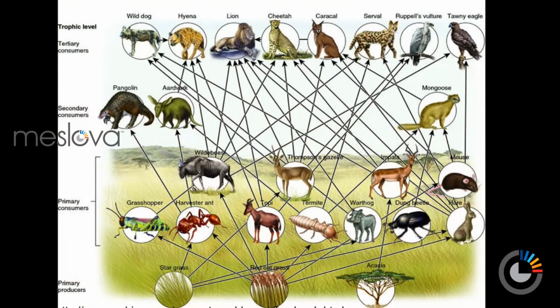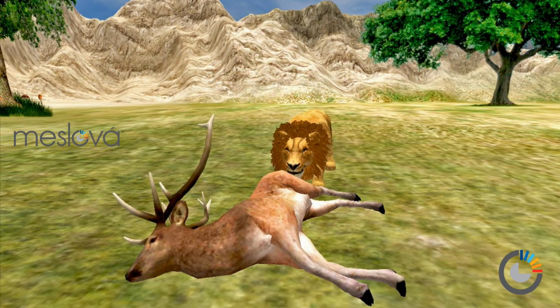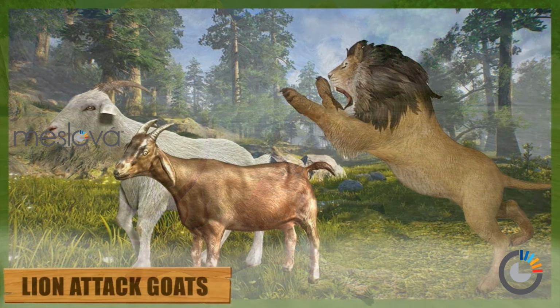In this manner, food is transmitted from one organism to another. But if you observe the above examples, the same sequence is not followed in every ecosystem, because organisms have a number of options to eat. The lion in the forest has a number of options to hunt. It may hunt a deer or a sheep or a goat.